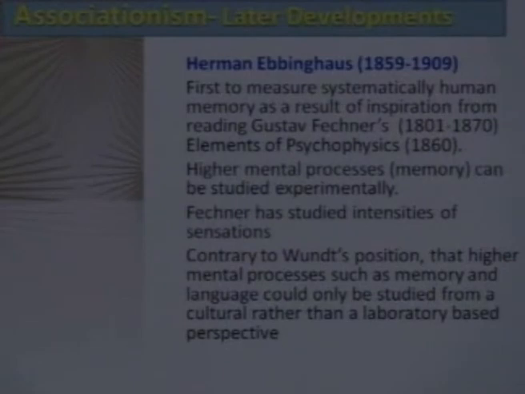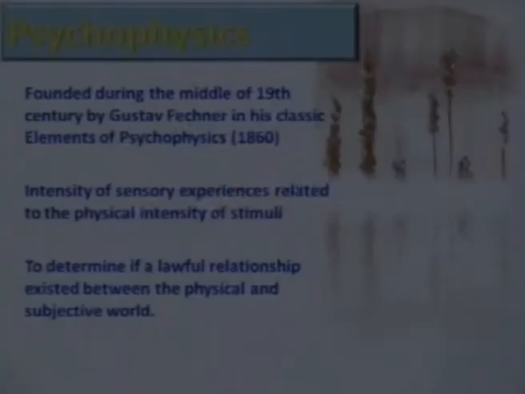Wundt believed that these processes can be studied culturally and by other methods, not experimentally. And introspection was the major method that was used before Ebbinghaus to study memory, and Ebbinghaus changed the way memory was researched and experimented.